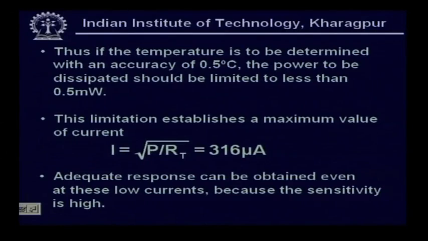So, adequate response can be obtained even at these low currents, because the sensitivity is high. That is the advantage, but if you think of these limitations, you have to sacrifice some amount of sensitivity, that you cannot avoid.